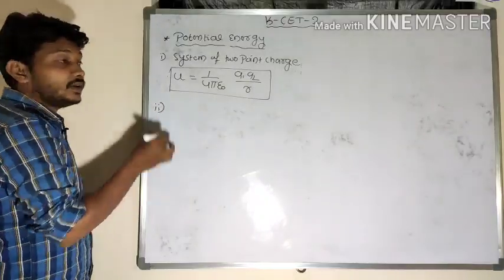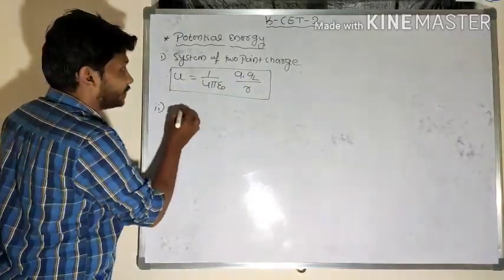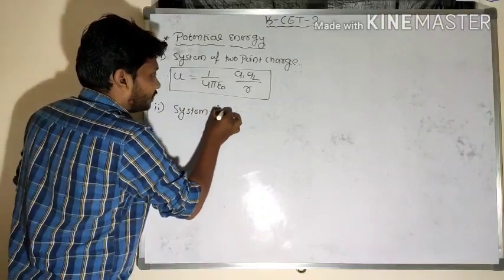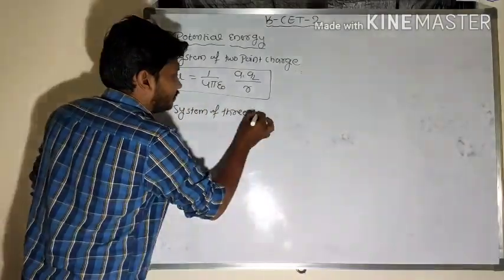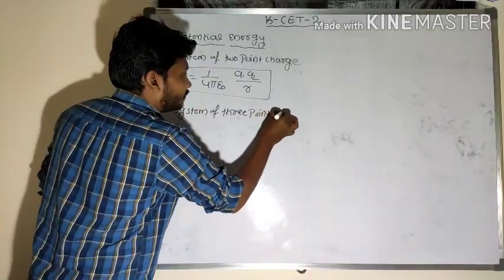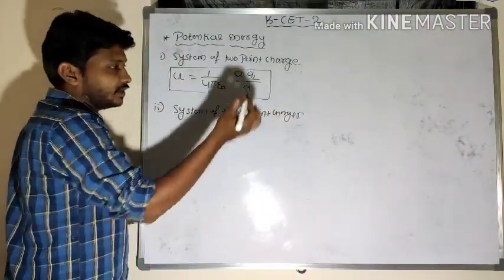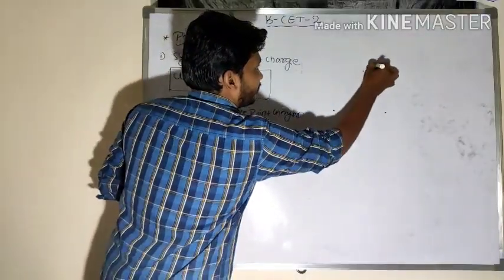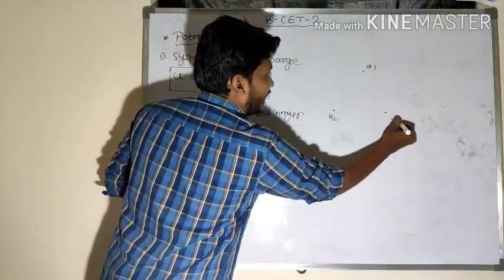Then what about the equation for potential energy for a system of 3-point charges? For example, I will consider 3 charges here, q1, q2 and q3.